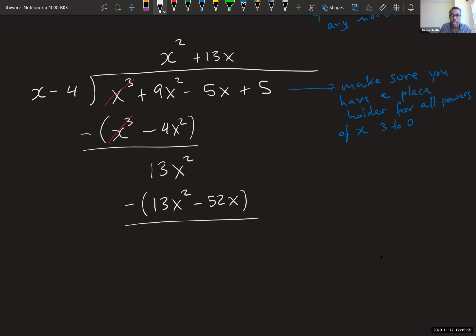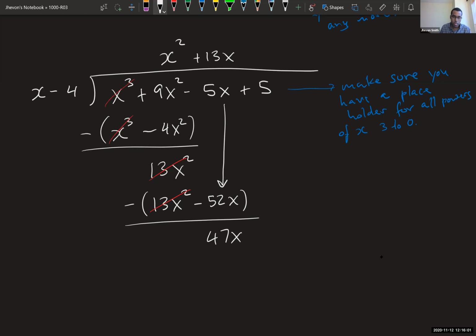And I'm going to subtract that. The 13x squareds die, and then I have minus 5x plus 52x, because it's minus a minus 52x. So what would that give me here? Oh, 47x.